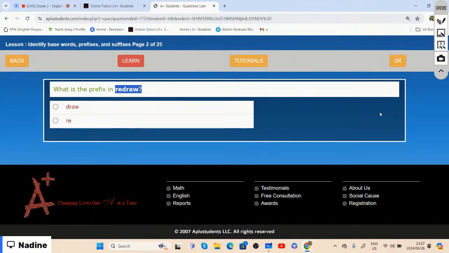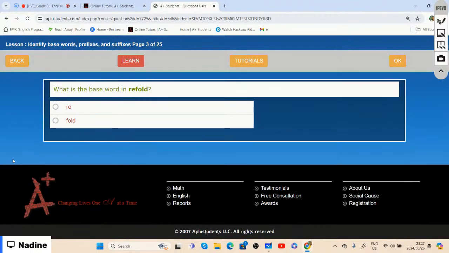So the prefix, is it draw, which is option one, or re, which is option two? The prefix. All right, so our prefix is re, which is option 2. Well done.